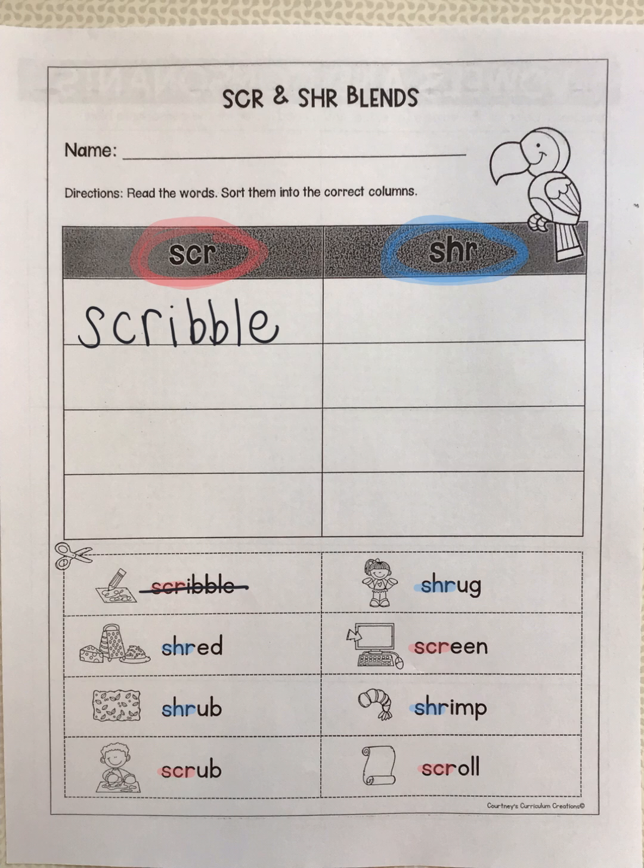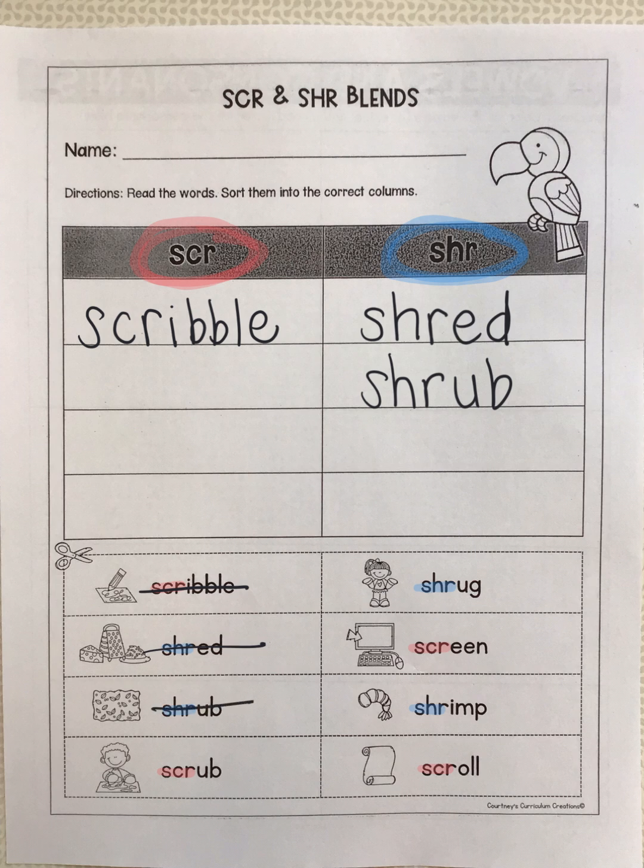I'm going to write shred under its correct column with shr. Shred. Cross it off when I'm done. Then we have shrub. Gonna go under my shr column. Shrub. Cross it off when I'm done.